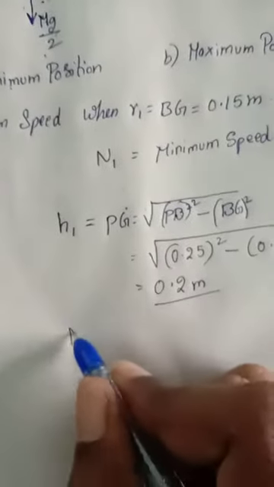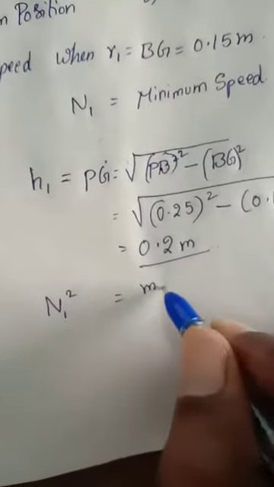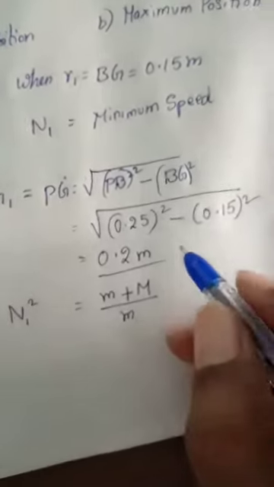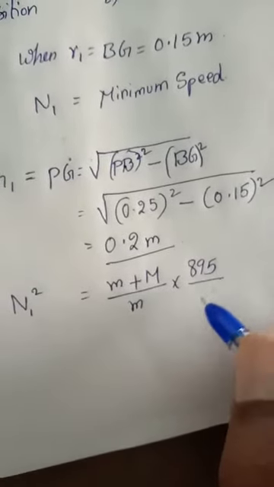Now we know that N1 square is equal to small m plus capital M divided by small m, into 895 divided by h1.